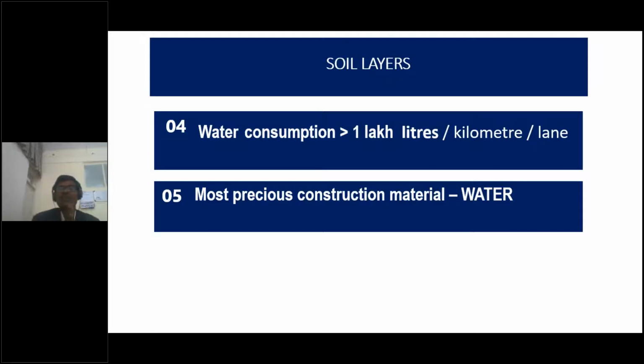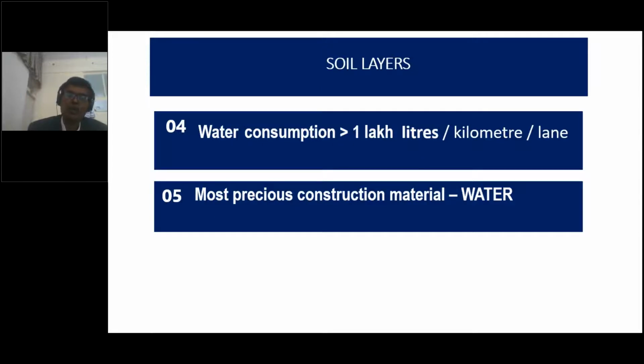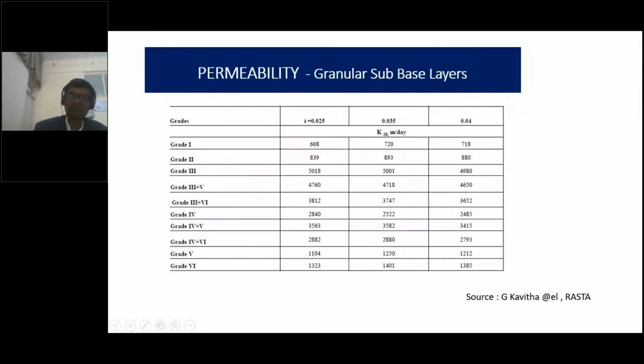So one via media solution, not an optimal or ideal solution, is to put more compactive effort if the OMC is less in the soil layer. Higher compaction effort, more number of passes, can compensate for this lower OMC in the soil layers.